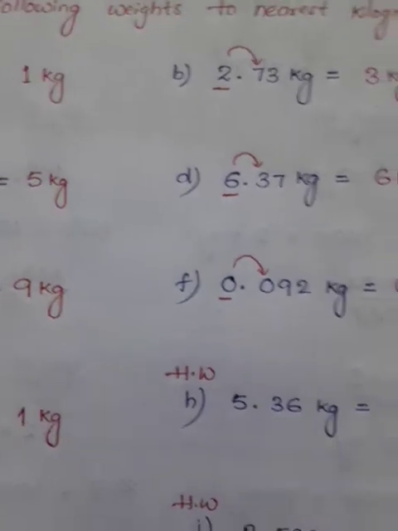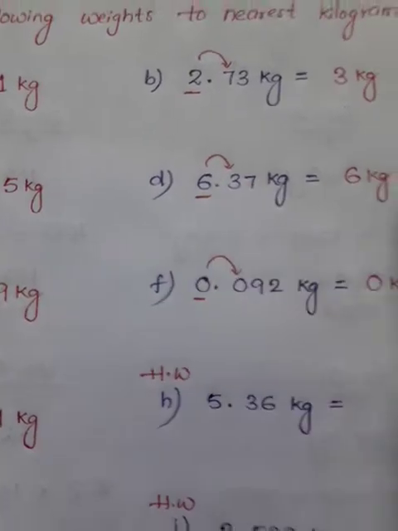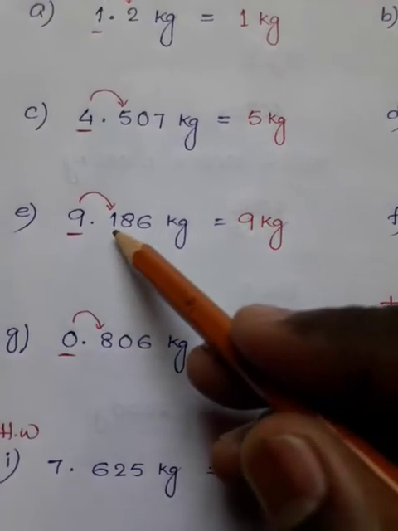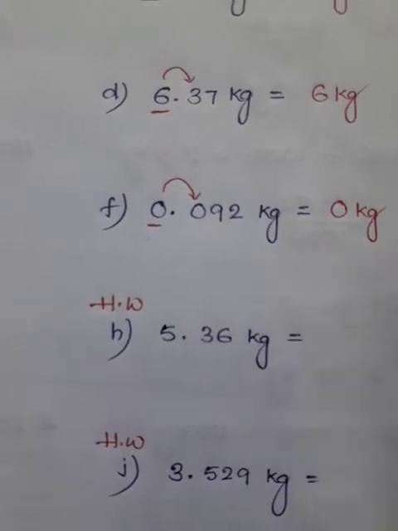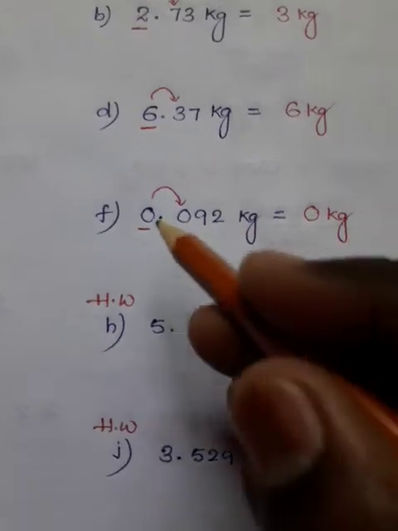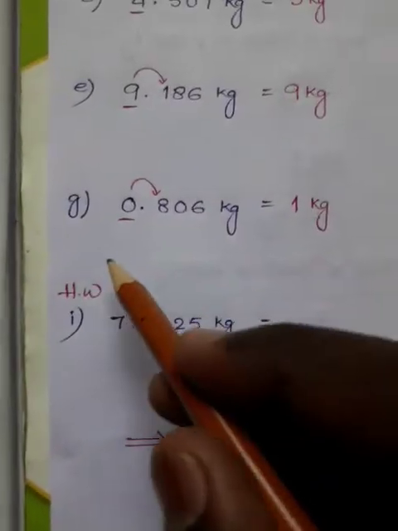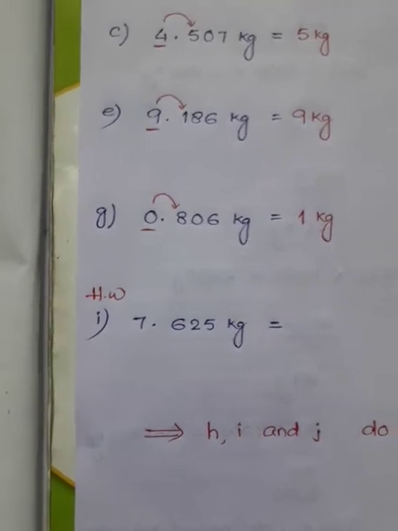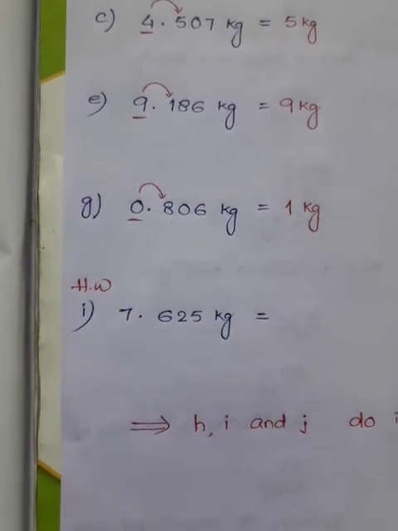If it is less than 5, don't change. So it is 6 kilogram. This is 9.1. 1 is less than 5, so 9 becomes 9 only, 9 kilogram. And this is 0.0. So 0.0 means, again, the next number is 0, less than 5, so 0 becomes 0 kilogram only. And look here, this is 0.8. 8 is more than 5. More than 5, then the 0 will change to the next number, that is 1 kilogram.